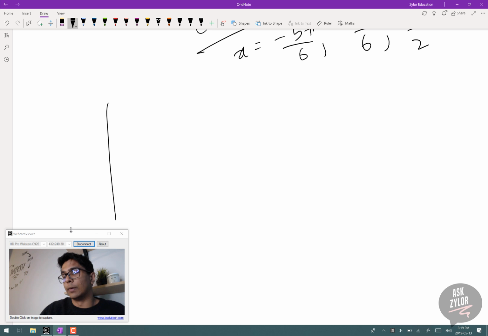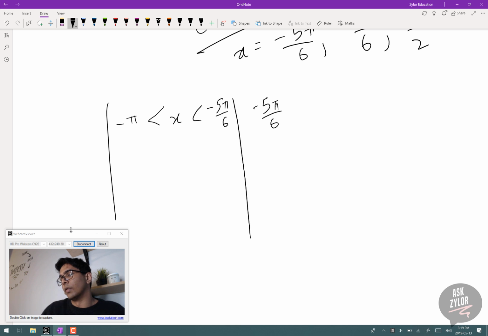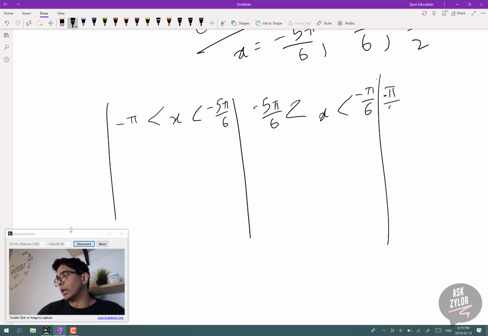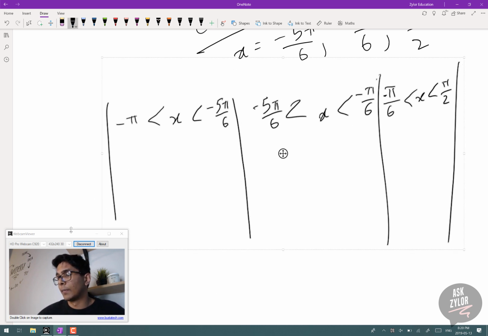So we need to find out what's happening from negative pi to negative 5 pi over 6, and what's happening between that and negative pi over 6, right? And there's two more, so there's going to be negative pi over 6 to pi over 2, and the last one will be from pi over 2 to pi.